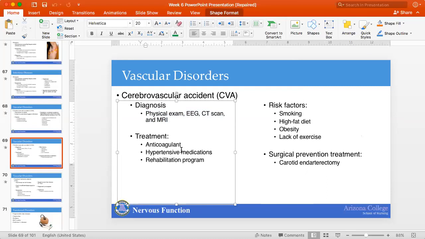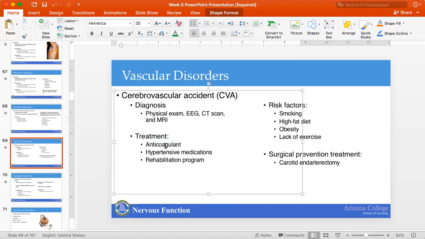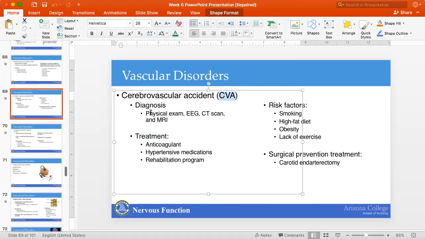Treatment: anticoagulant if it's due to embolism or thrombus, hypertensive medication, and then an extensive rehabilitation program following the stroke. It really just depends on what their abilities are. Once a certain area of the brain is completely damaged, the brain cells are dead, and we're unable to recover them. But there's an area around that which is only partially damaged.